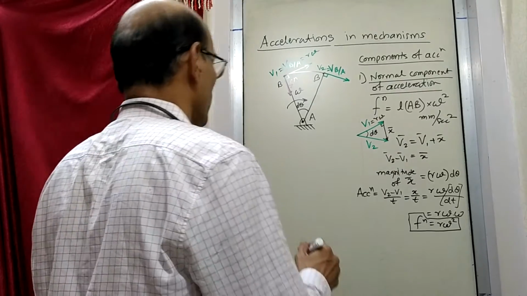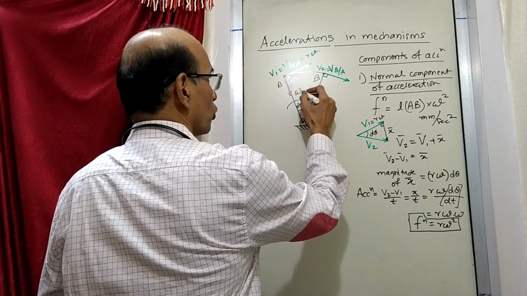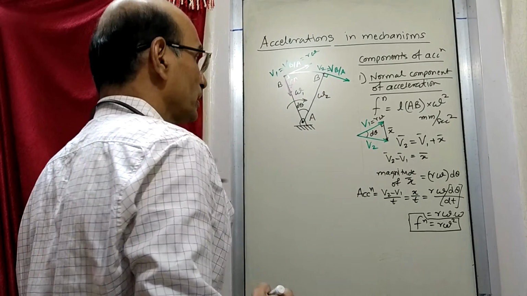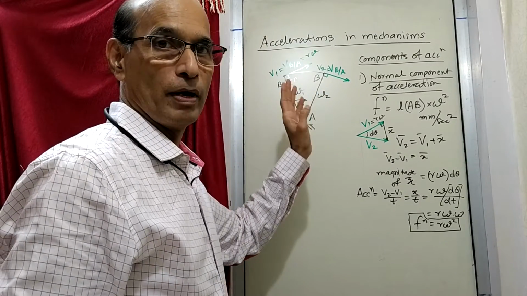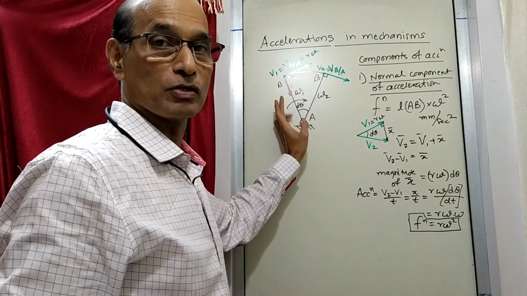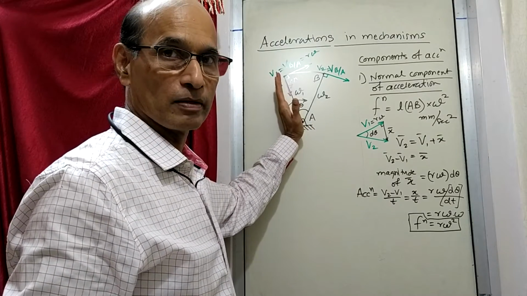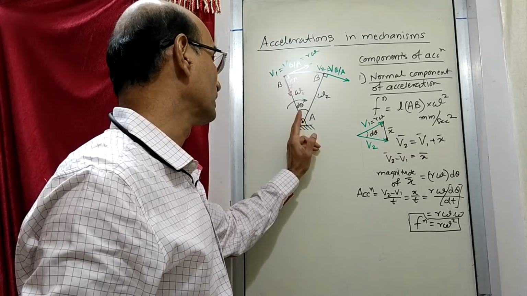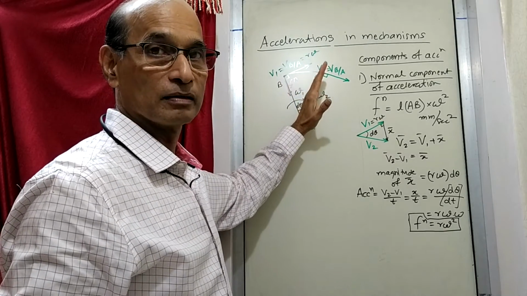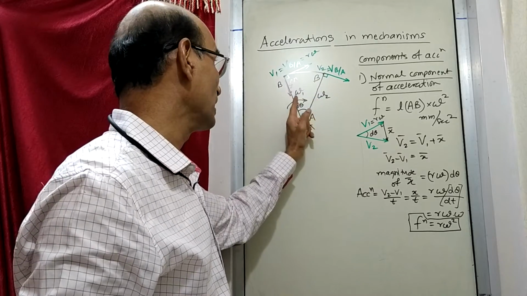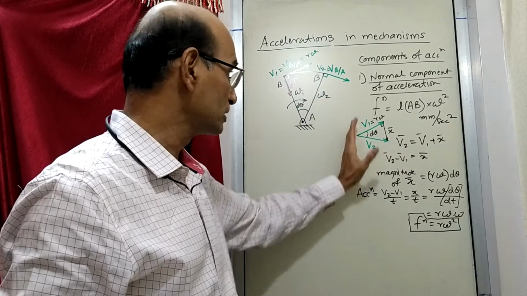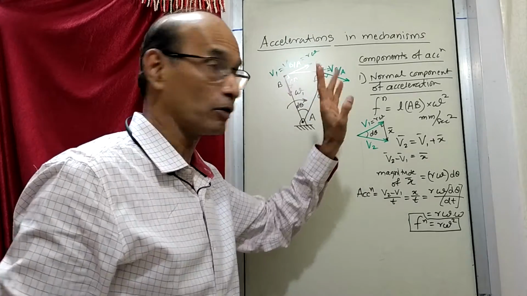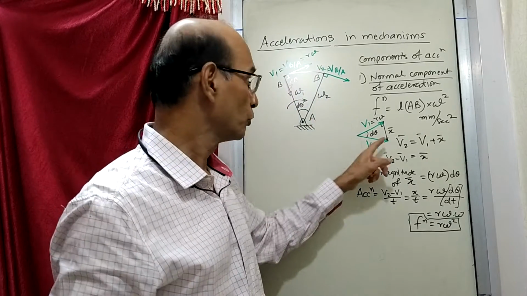Now let's take one more example, where this omega is changing. So we are taking another example where the angular velocity at this instant was omega 1, and after a time interval, after the link rotates by delta theta, and when it comes here, the angular velocity is not the same, it has changed to omega 2. In the earlier example, the angular velocity doesn't change, so we took omega as constant.